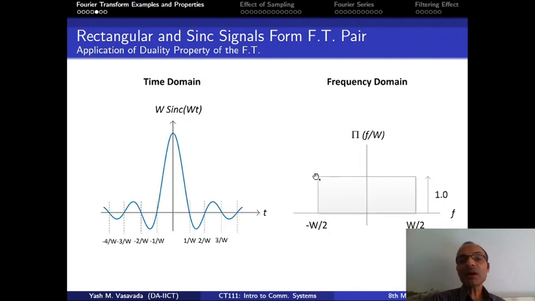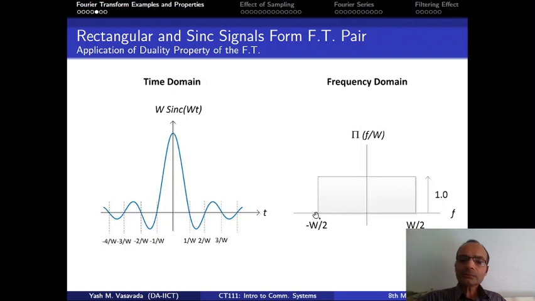Because if you step outside of that W hertz, maybe you will be stepping on the spectrum of some adjacent system, and the provider, the manufacturer of that adjacent system will not like that you are making your spectrum spill over to their allocated bandwidth.